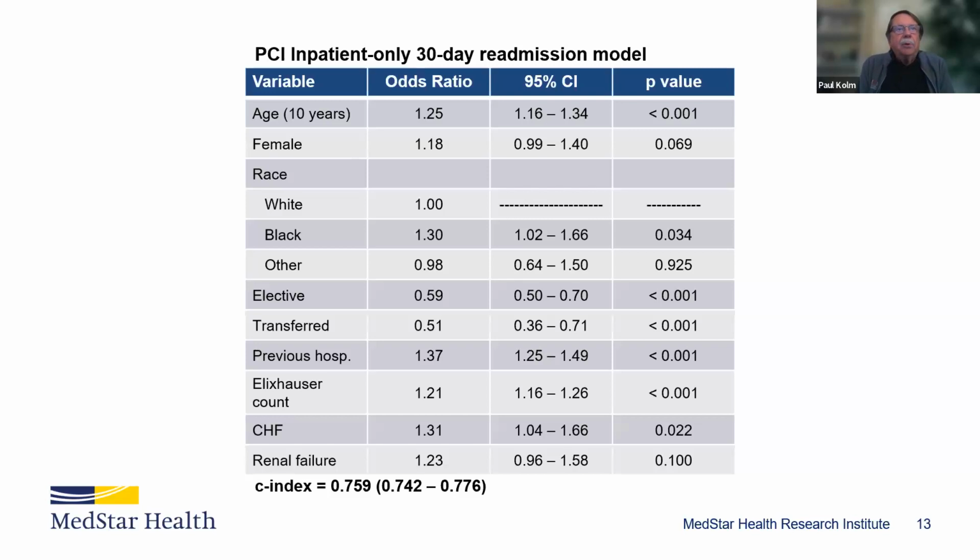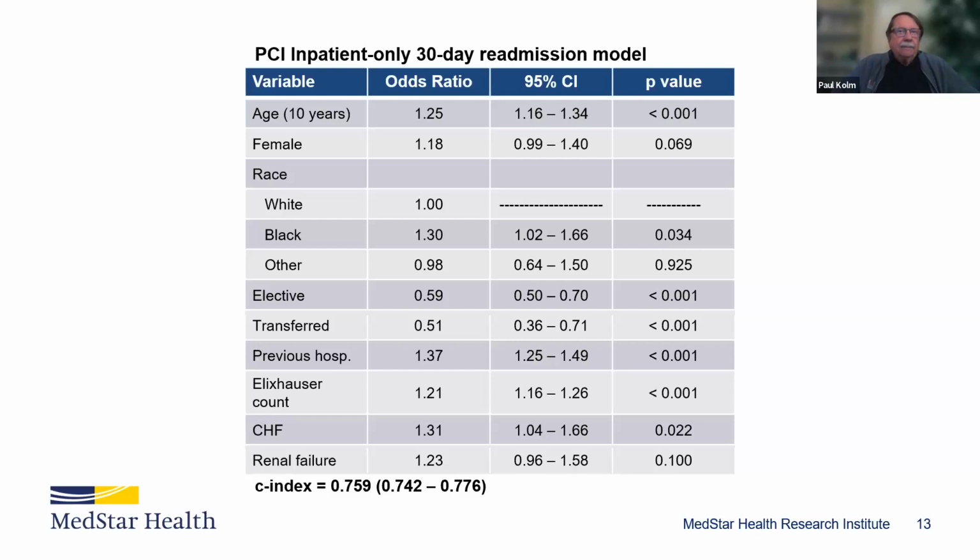And then we have a number of dichotomous variables: whether their procedure was elective, whether they were transferred from another hospital, whether they had a previous hospitalization. The Elixhauser count is a continuous variable that gives an index of the comorbidities a patient might have.